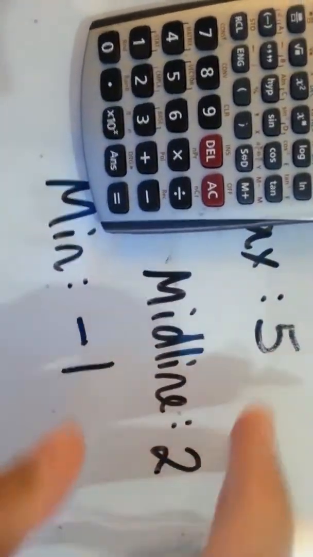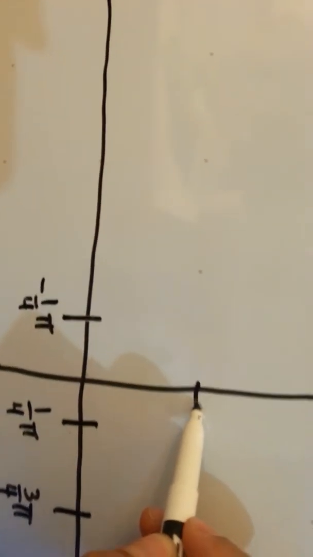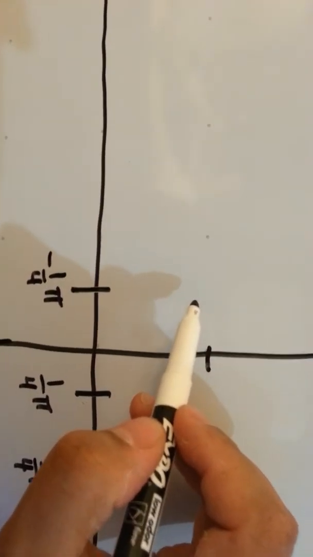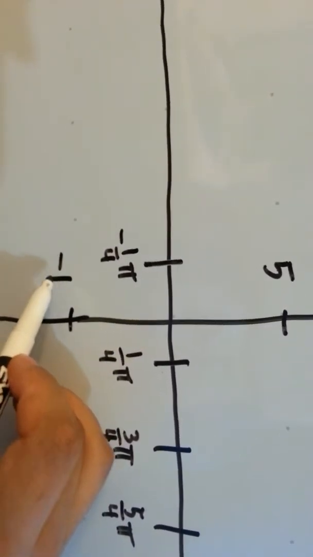We find the maximum. We said that the maximum was 5 and the minimum was negative 1. So if the maximum is here, this is 5, and here it would be negative 1.